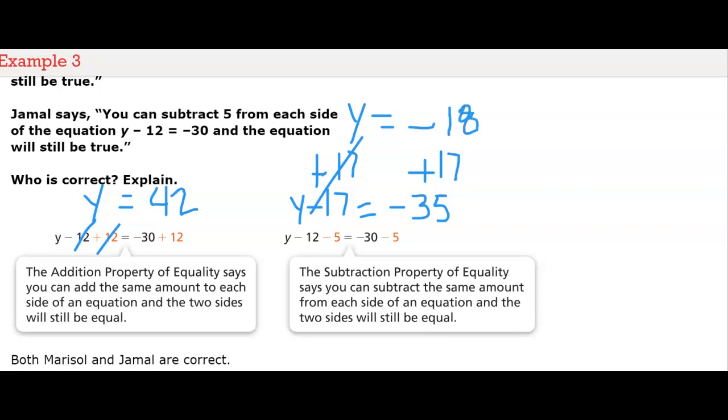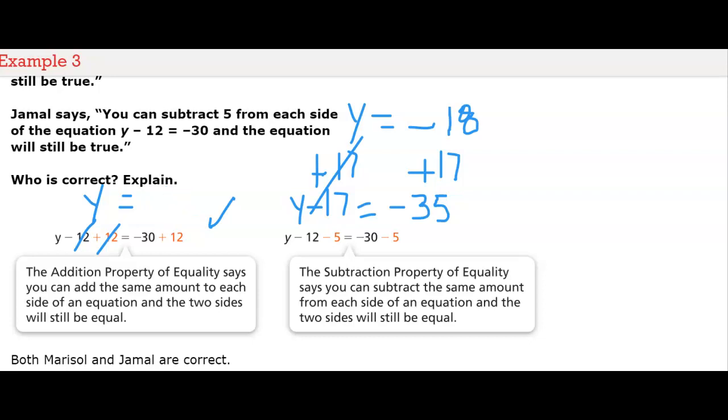And then you go back to the original equation, and it is y minus 12 is equal to negative 30. So for the addition property, we do 42, because y equals 42, minus 12, and that will equal... I'm sorry, I made a mistake.